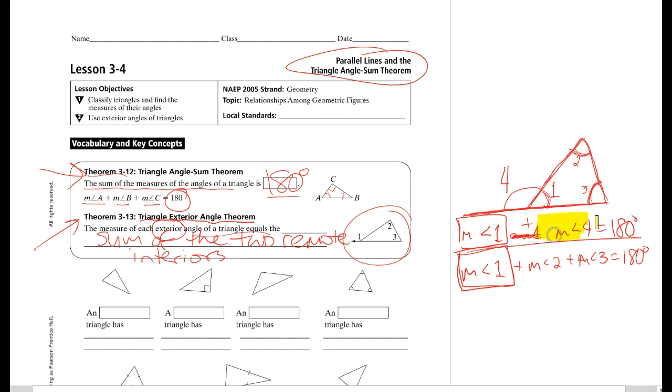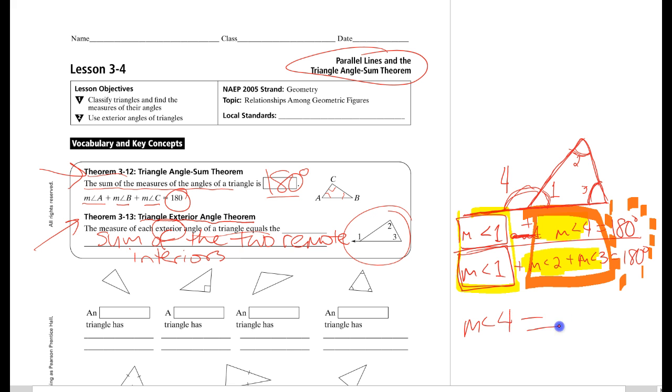Here's my something. Here's my something. It must mean that since these are the same, my two somethings must be the same because they add up to the 180 both times. So here we go. That means that this measure of angle over here, measure of angle 4, has to equal this sum, this measure of angle 2 plus measure of angle 3. So that's actually what you just wrote.